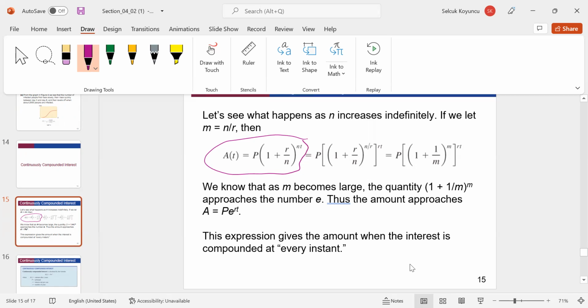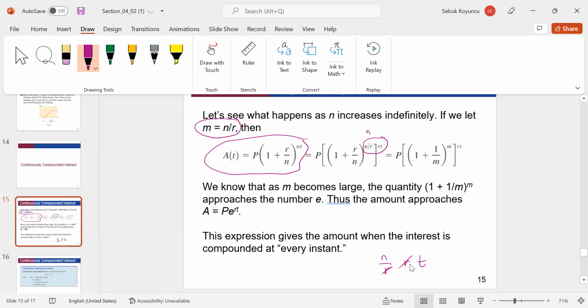So we're just going to tweak this a little bit. We're going to let m equal n over r. R over n is already there, but I'm just going to call m equal n over r. Therefore, I can now change this, because see this one, n over r times r over t. So r will cancel, and you still have n times t.